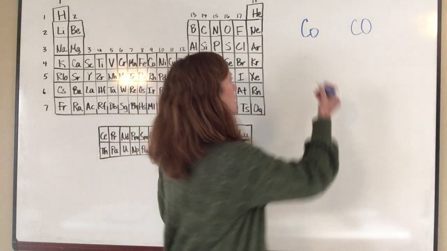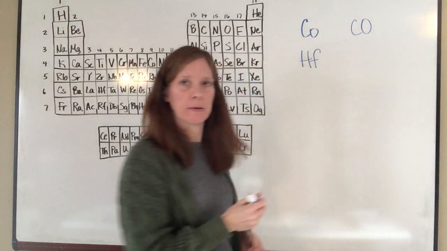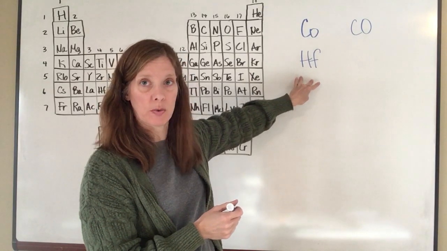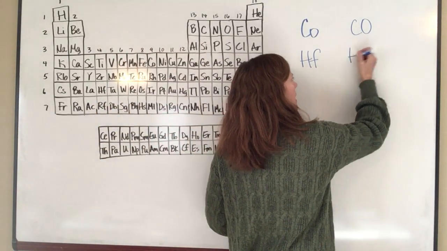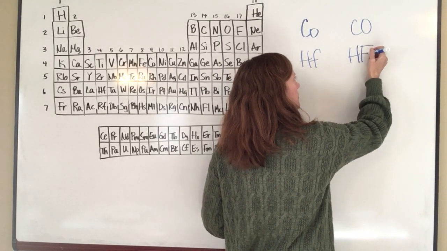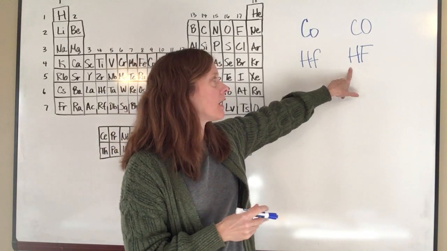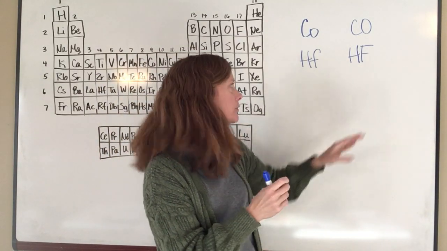Another example is an element called hafnium, Hf, capital H, little f. This also is a metal, so both of these are metals. However, if I write it with a capital H and a capital F, this means I have an atom of hydrogen and an atom of fluorine that are bonded together.